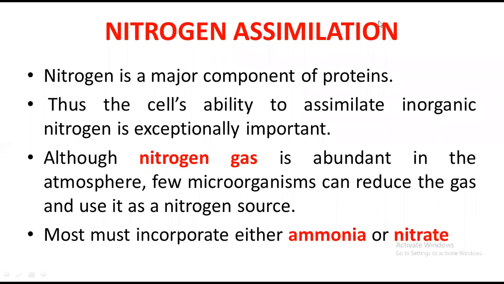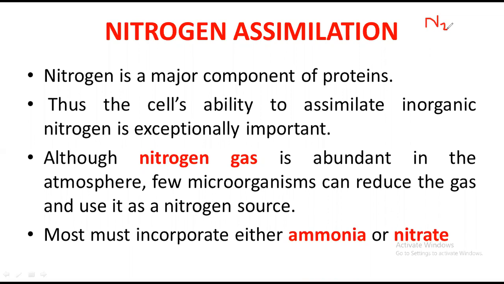I want to tell you that in the atmosphere, nitrogen is present in the form of N2, and we all know that it is very abundant in nature. About 70% to 78% of the atmosphere is nitrogen. Keep this in mind.